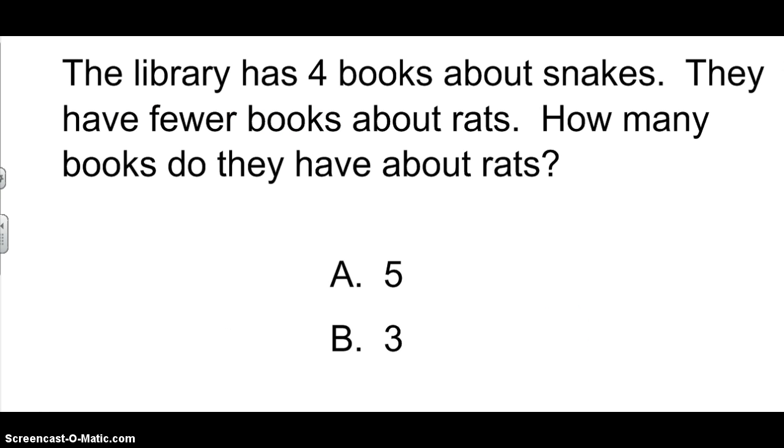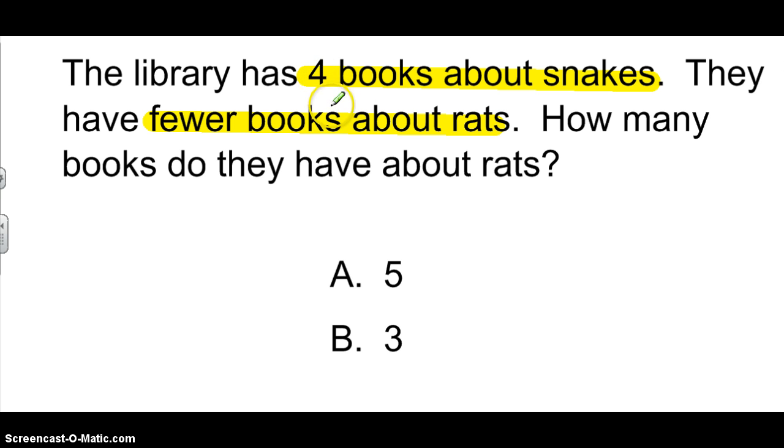All right, let's look at the first type of problem here. The first one says, the library has 4 books about snakes. They have fewer books about rats. How many books do they have about rats? Well, I can go up and highlight that key information. I know that the library has 4 books about snakes, and they have fewer books about rats.